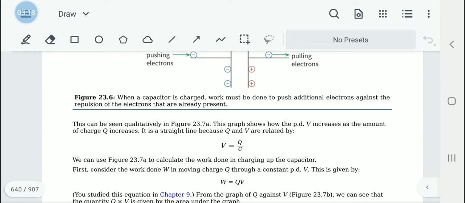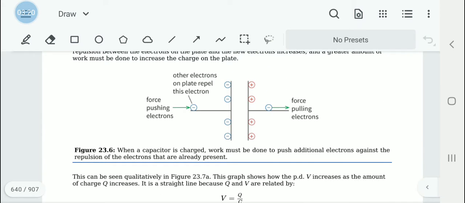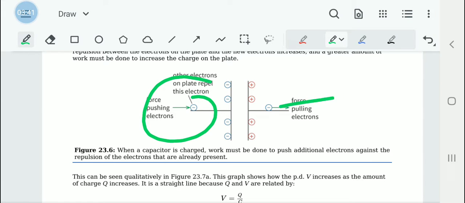Now in this figure, we can see how the electrons are repelled and attracted, how electrons are deposited, and as a result, electrons are pushed out of the other plate. Here there is a pushing effect, so there is a pulling effect here, and that results in the entire system getting charged.